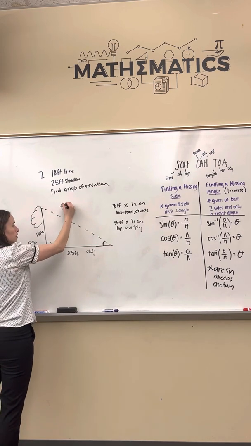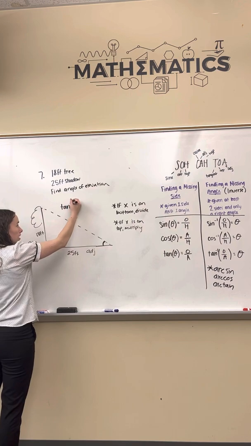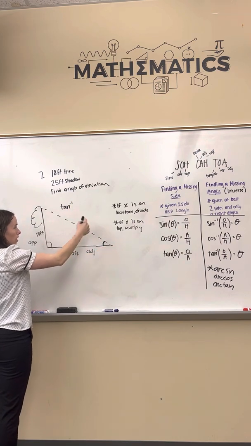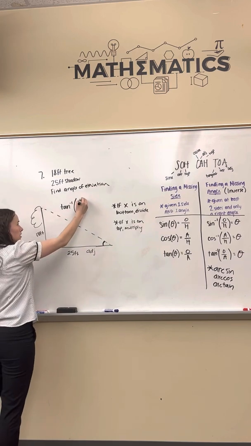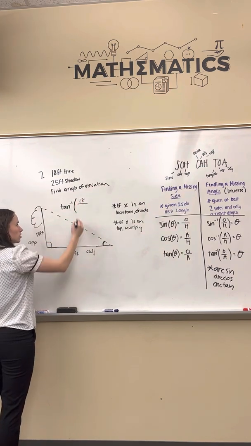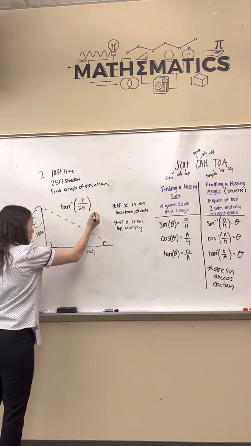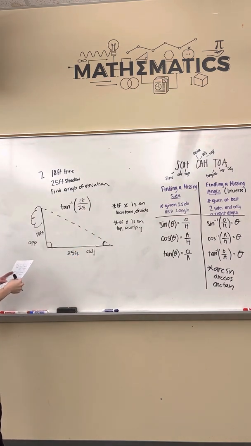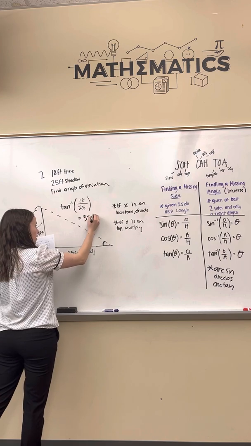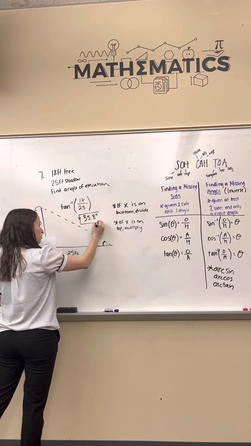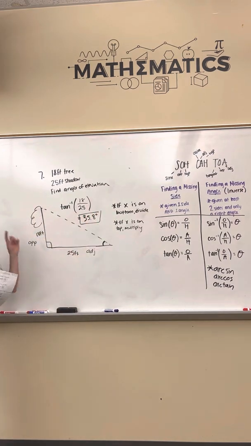So tan, and we're missing an angle, so we're going to use a -1, the inverse of opposite 18 over adjacent 25, and this is going to give you about 35.8 degrees. So just make sure you know how to plug that in. You have to use the second button on your calculator in order to do it.